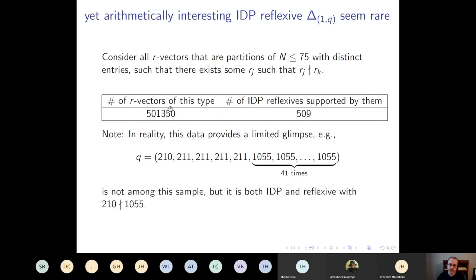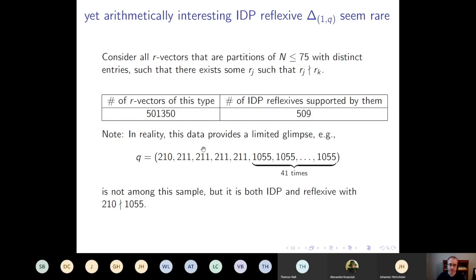And the other thing I want to mention is that even though that's a lot of R vectors, a lot of distinct entries, in reality our feeling is that this is a very limited glimpse at the data. Just as one example, if you take the Q vector 210, then 4 211s, and then 41 1055s, this is not among that sample, but it is both IDP and reflexive, and 210 doesn't divide 1055.